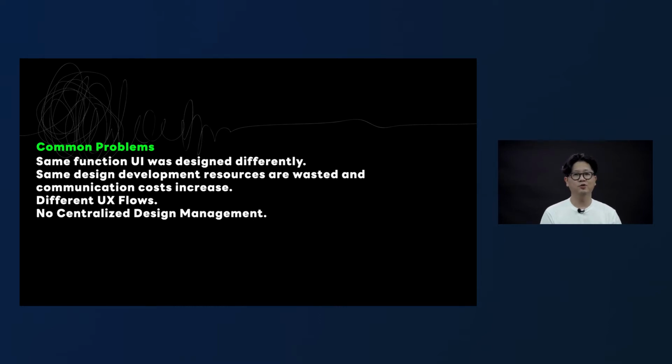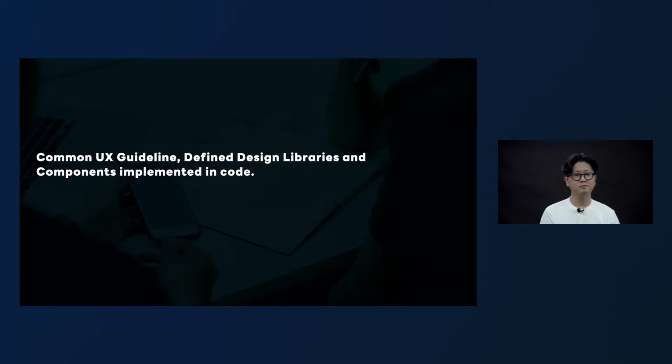Repeated design work was driving up the communication cost, and sometimes different UX flow had to be used. In the end, there was no centralized design managing. And in order to solve this, I thought that we needed a design system for all.